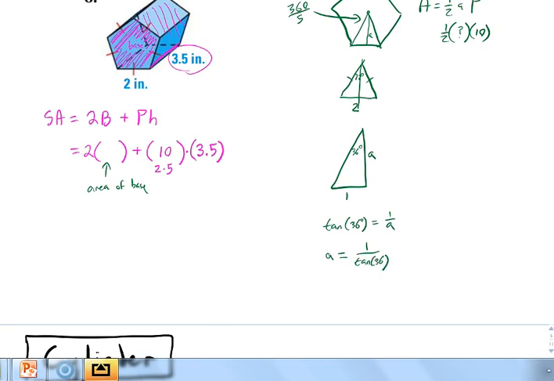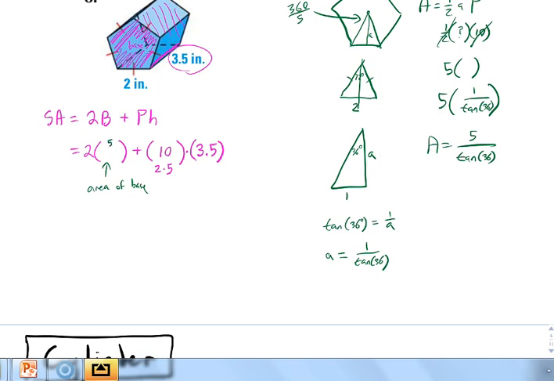Okay, so putting that over here, 1/2 times 10 is 5 times whatever this apothem is. So I get 5 times 1 over tangent of 36. And I'm going to keep it exact for now. If you want to punch that into a calculator, you can. So the area of my base was 5 over tangent of 36.